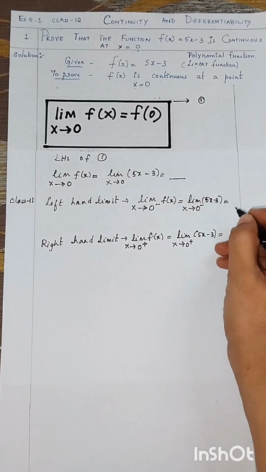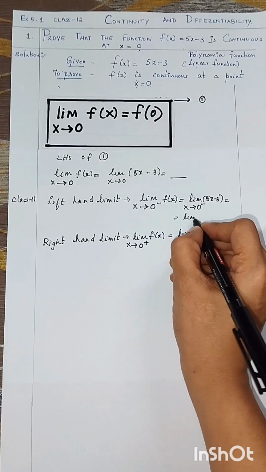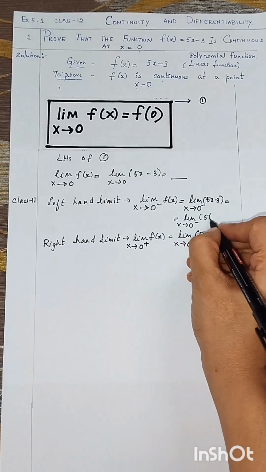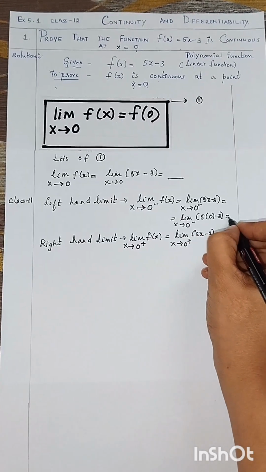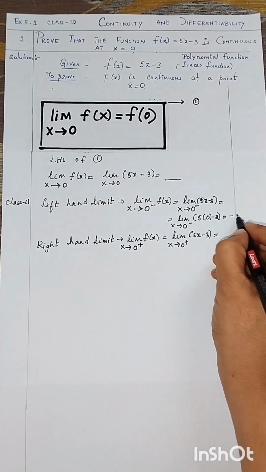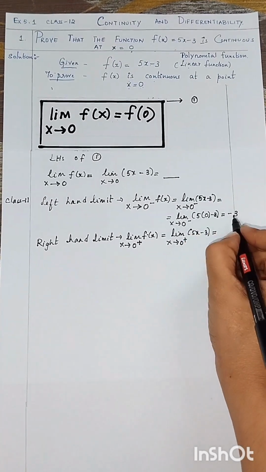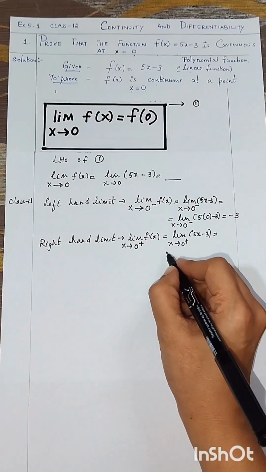So directly we can find out the value. So this implies limit x approaches 0 from the left. So directly we will substitute 0 here. 5 times 0 minus 3 is equal to 0 minus 3, which is minus 3. So whenever you are substituting the value, you should not write limit here. You should write directly the real number.